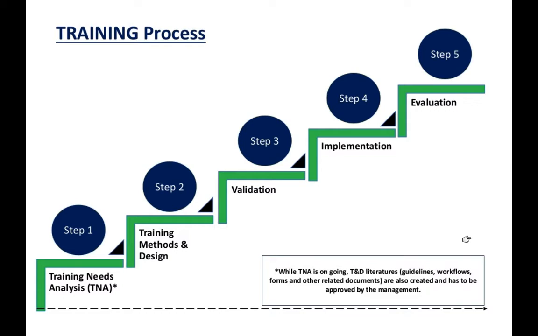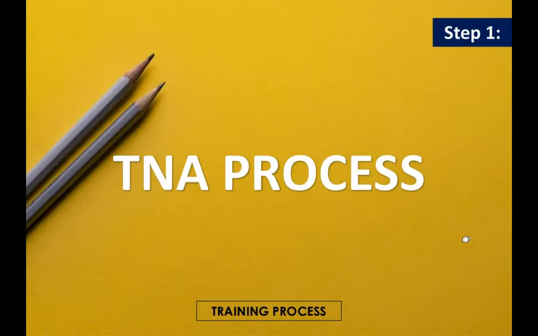At the same time, you should be creating it for the management to approve it once you start your step 1. So all of these steps, we'll go through them one by one so that you will be guided on how to do them. So let's start with step 1.